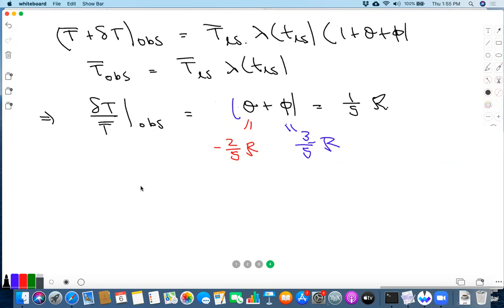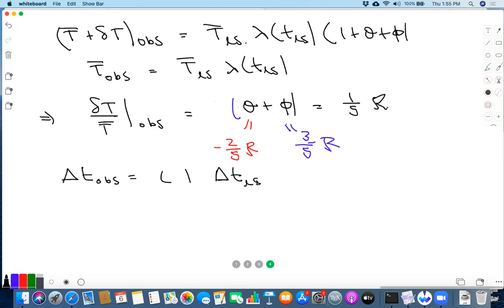Is this clear? Are there questions? How did we relate the temperatures at last scattering and today? The way we related is that we looked at delta T observed as something times delta T at last scattering.